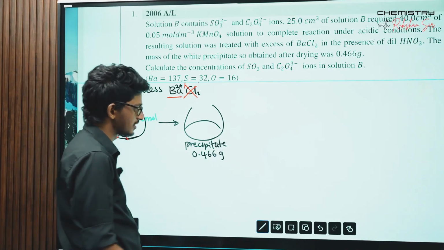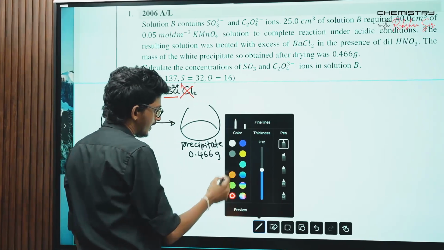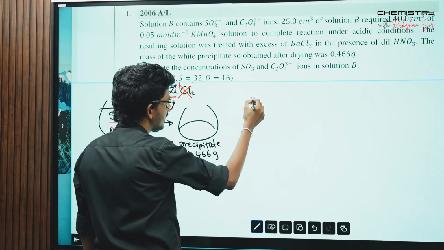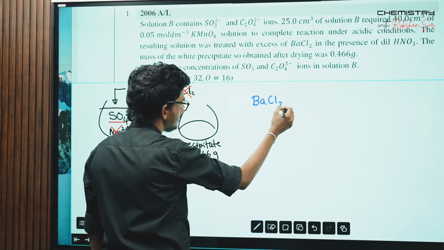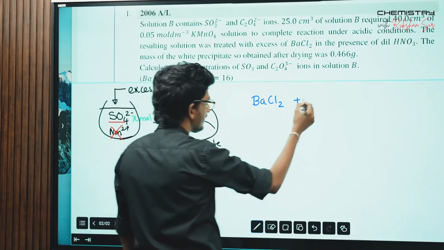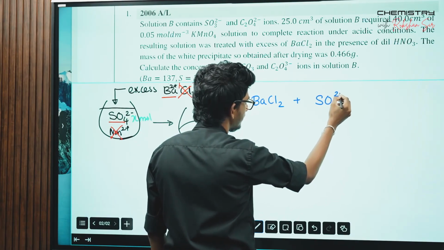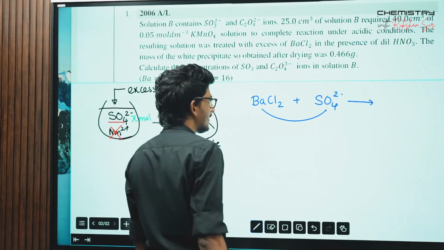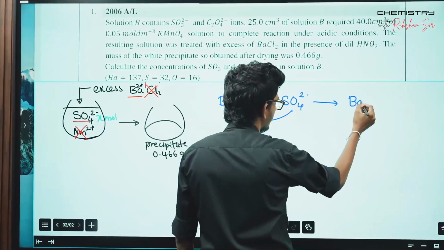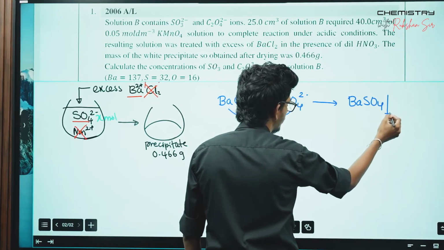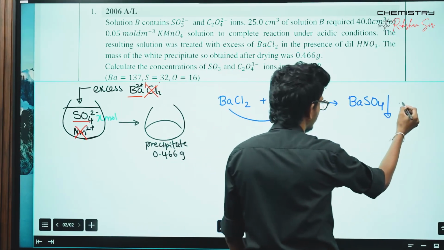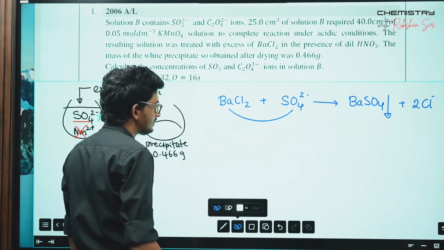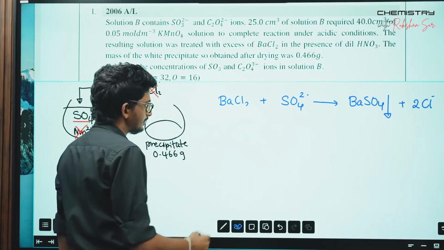So let's write the precipitation reaction here. The reaction is BaCl2 reacting with sulfate ions. What should happen? Basically the cation and anion will connect to form barium sulfate, which is actually your precipitate, and the 2 Cl minus ions will be released.